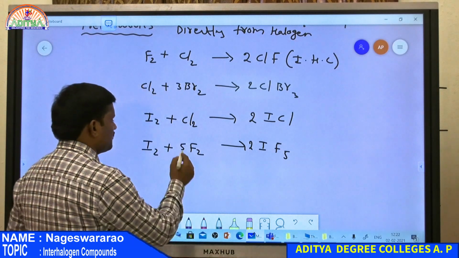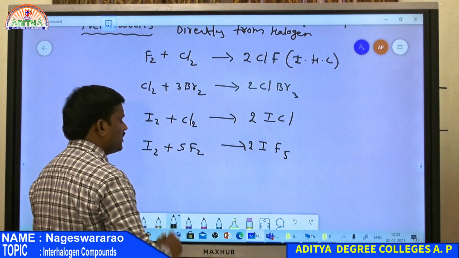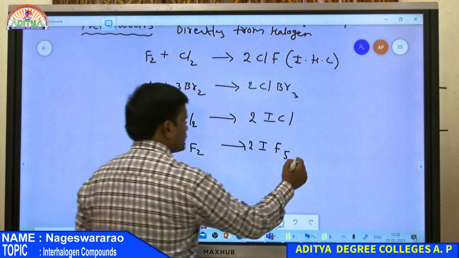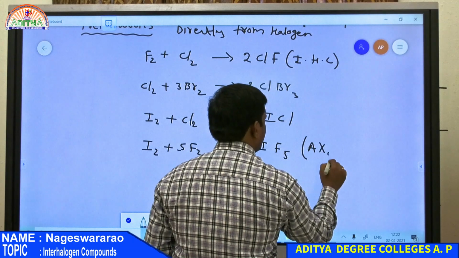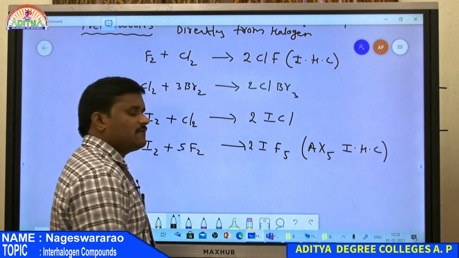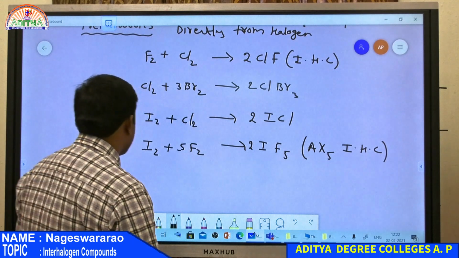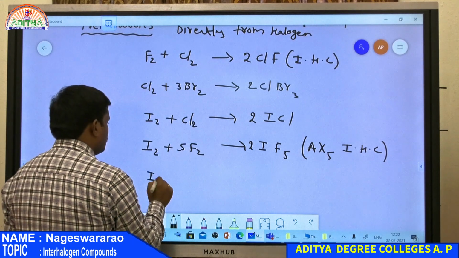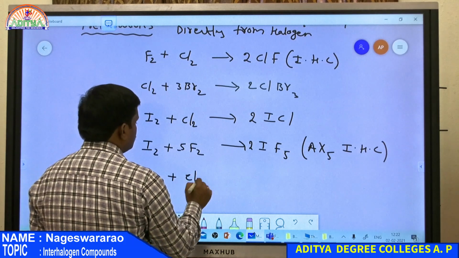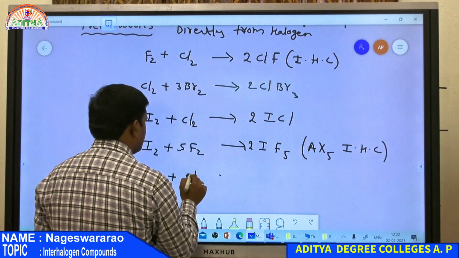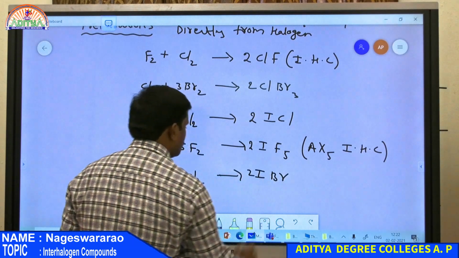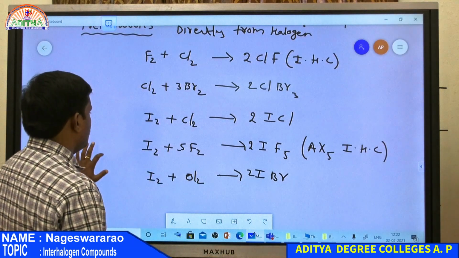This is the balanced equation: 5 moles of fluorine react with 1 mole of I2 to give 2IF5. This is an AX5 type interhalogen. Similarly, I2 plus Br2 gives 2 moles of IBr.